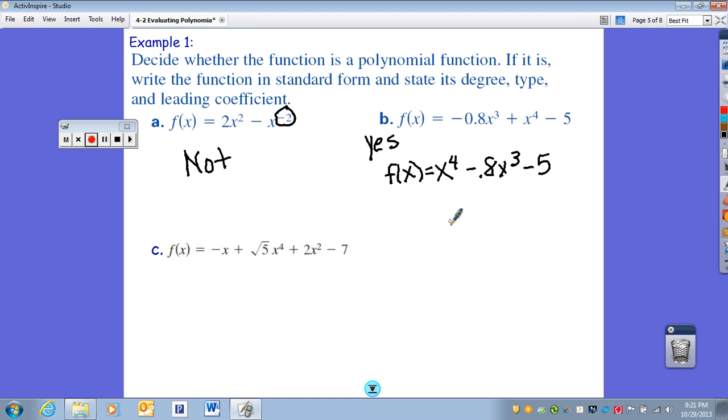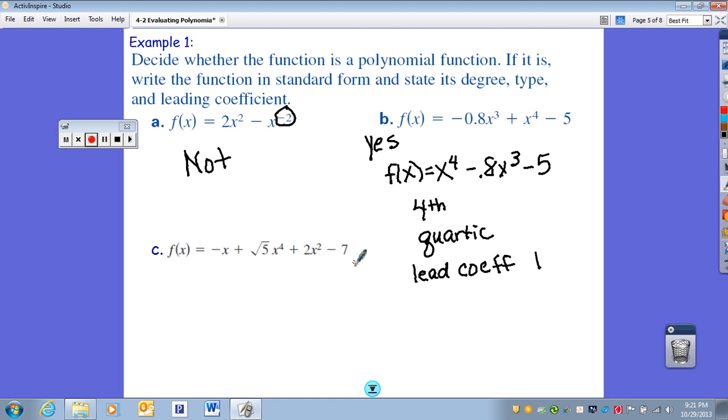That is now in standard form. We want to state its degree. It is to the fourth degree, which makes it a quartic function, and the leading coefficient is the number that is in front of our first term when it is written in standard form, and so our leading coefficient is 1.